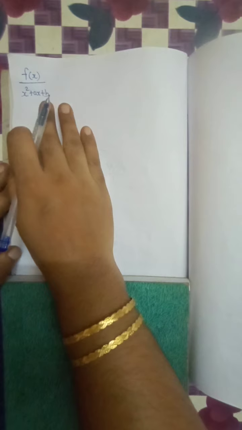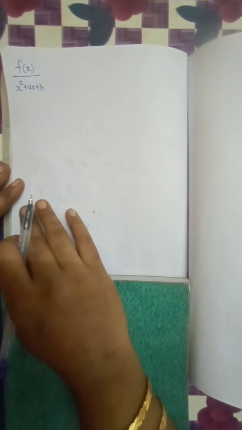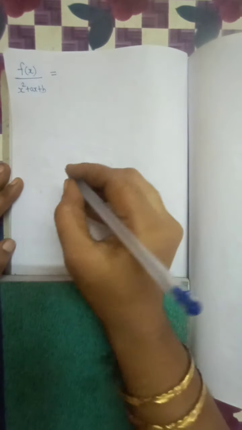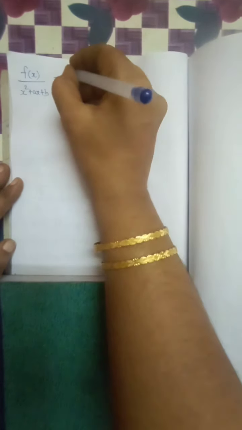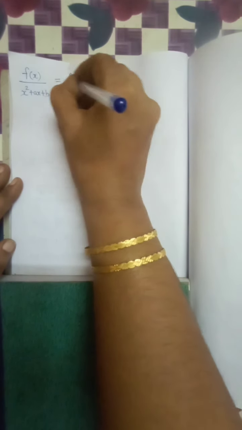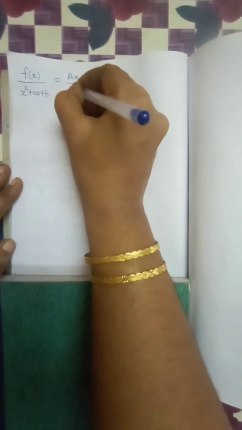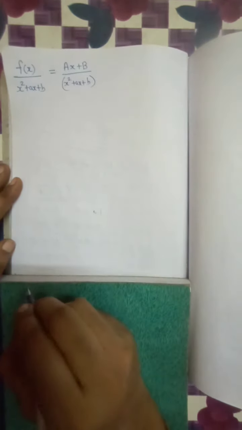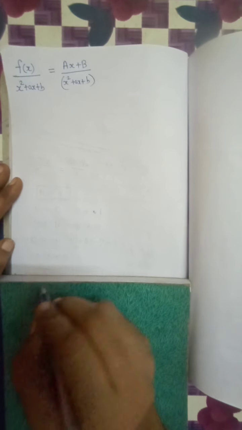So there is a quadratic equation but I am unable to factorize it. In such a situation, how it should be resolved into partial fractions is, I should write ax plus b by x square plus ax plus b. Like this only I have to resolve into partial fractions.